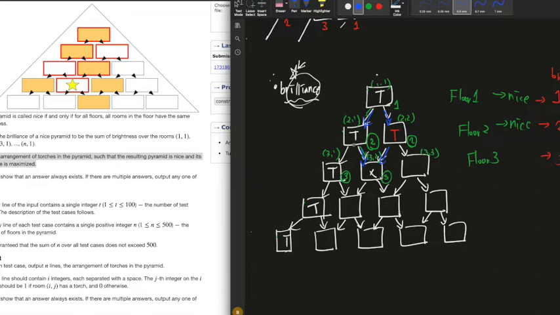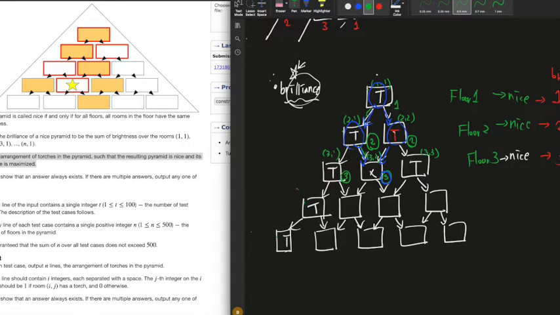So 3,2 is affected by 2,1, 2,2, and 1,1, and there are 3 torches, which means we have brightness 3 for 3,2. And we'll think about 3,3. Obviously we only have 2 torches, so I need to put a T here. Then floor 3 will be nice.